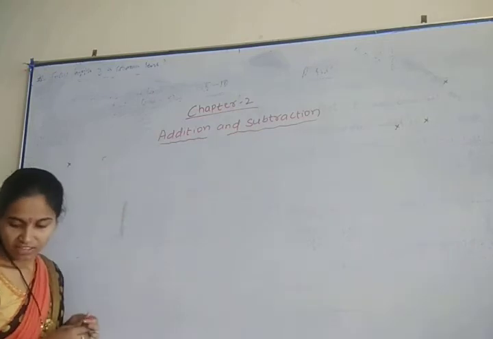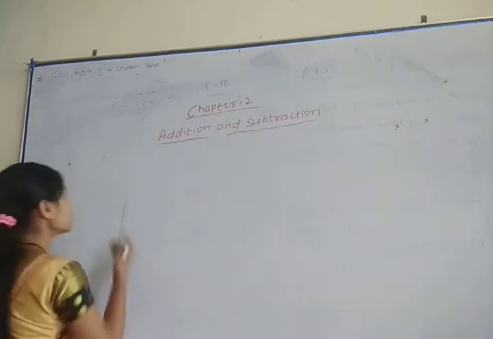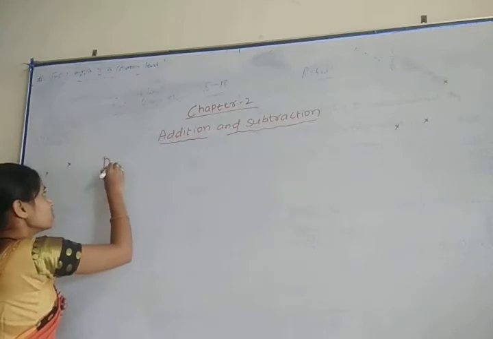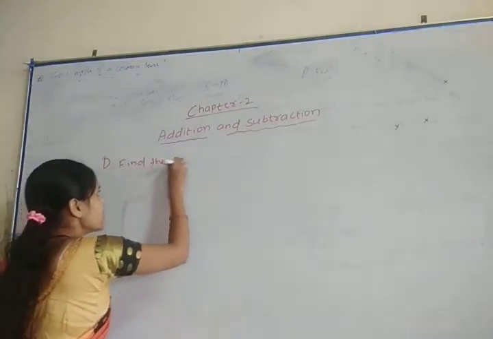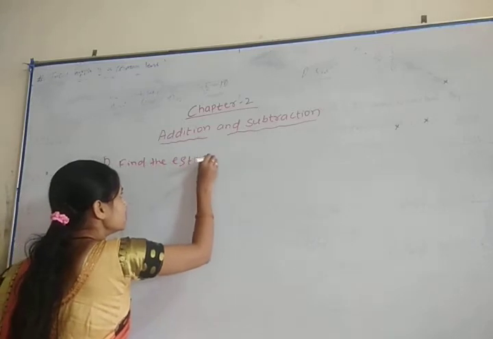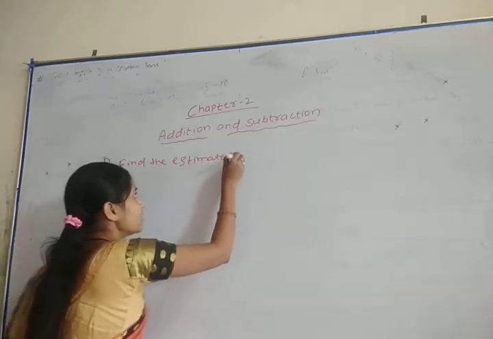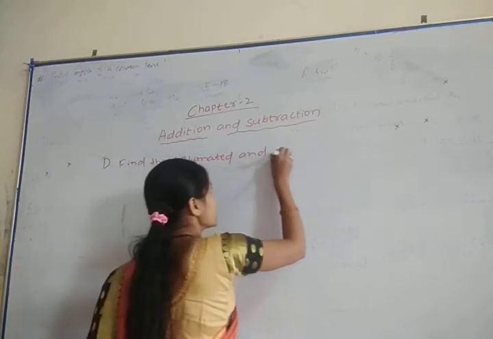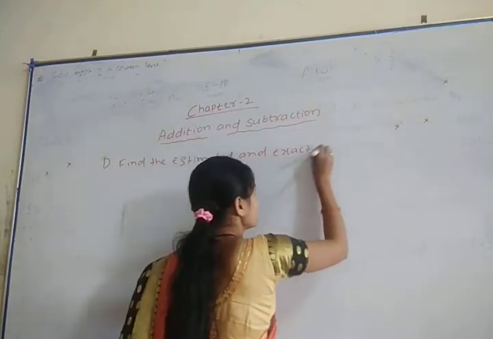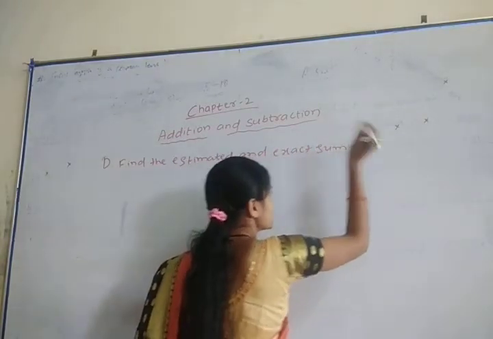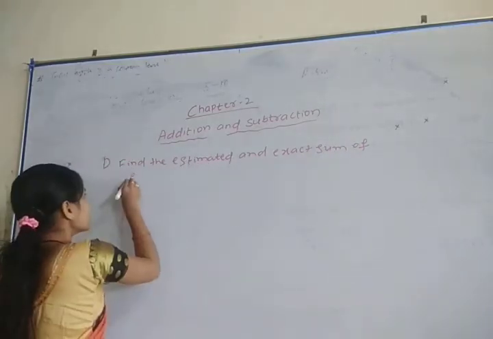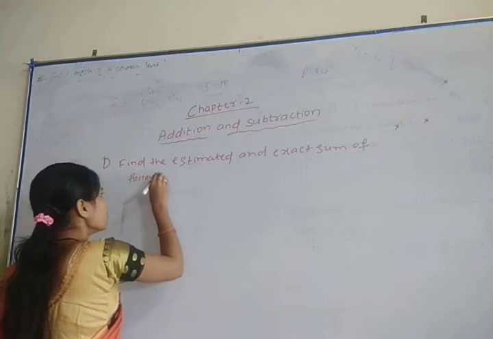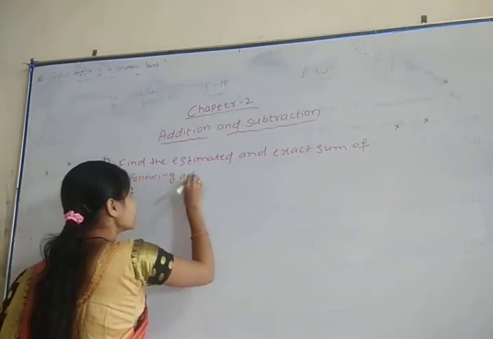Okay, I will write the D question here, which is: find the estimated and exact sum of the following addends.